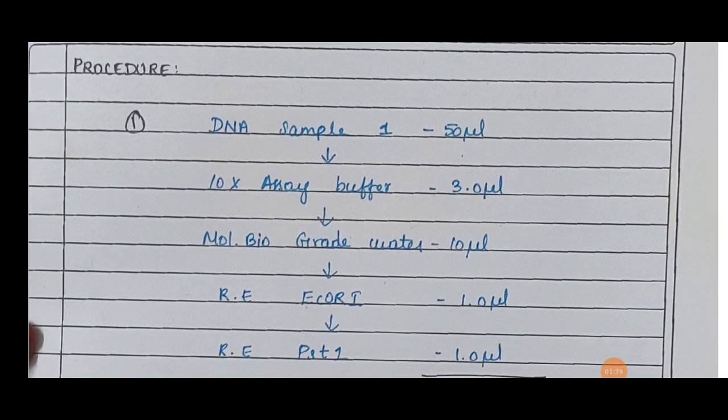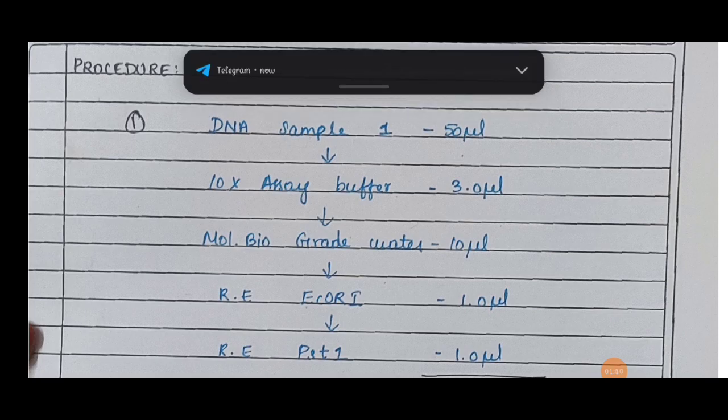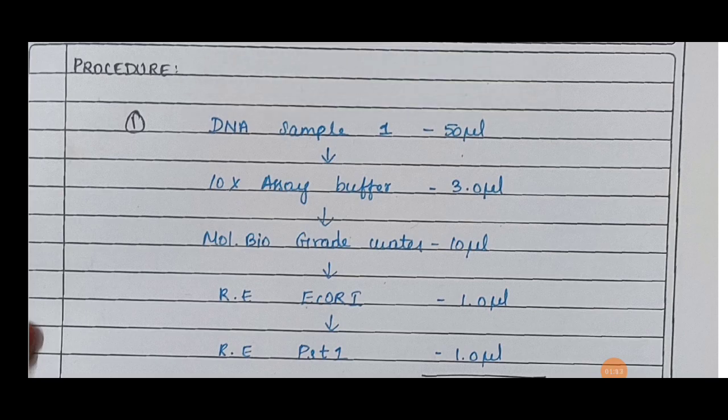Then the procedure. Here we have to take, as I told you already, 3 or 4 standard genomic DNAs. DNA sample 1 is taken in the first Eppendorf tube. 50 µl of DNA sample 1 is taken. Then 3 µl of 10x assay buffer we have to take, and 10 µl of molecular biology grade water.